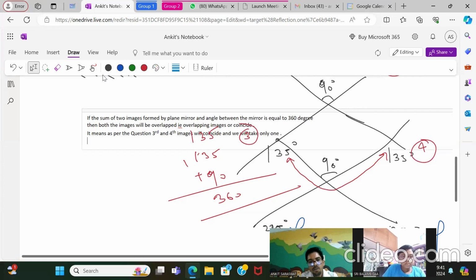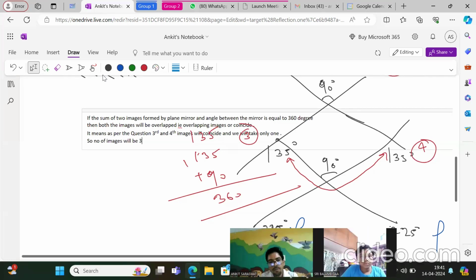So the number of images will be 3. Is it clear? Any doubt? Okay, thank you so much. I think this point is very, very important. I think you understood.